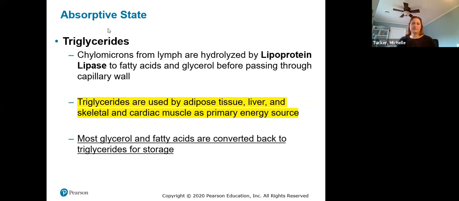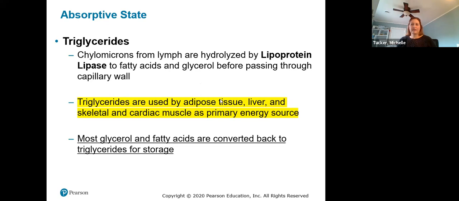In the absorptive state, triglycerides are broken apart, absorbed, and reassembled into chylomicrons, which then go into those lacteals. These chylomicrons are going to be hydrolyzed by lipoprotein lipase in the capillary endothelium, liberating some fatty acids and glycerol for use or storage.